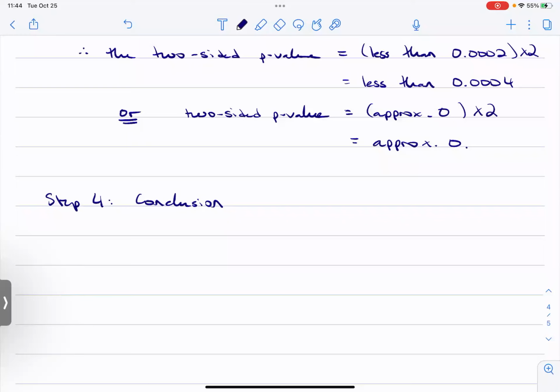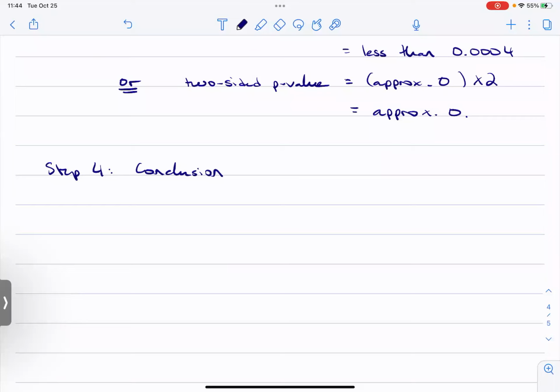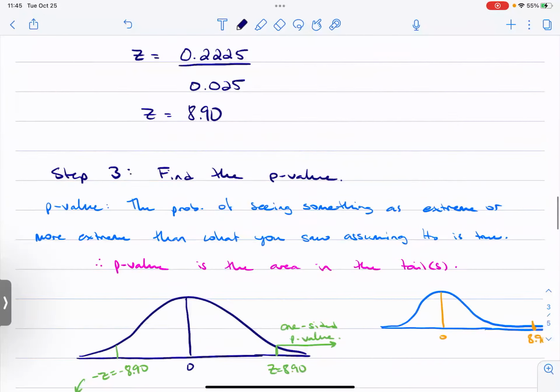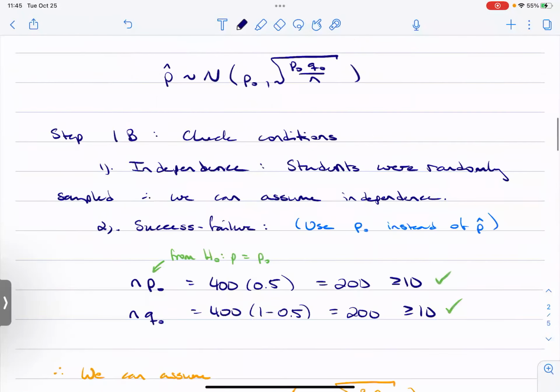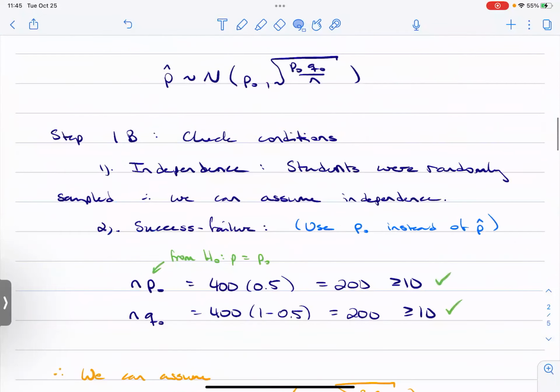The math that we're doing is not the point. Okay, so we need to check all our boxes. First thing that we do in our conclusion is we need to compare our p-value to the alpha level. Now we were given an alpha level, so let's go back there.